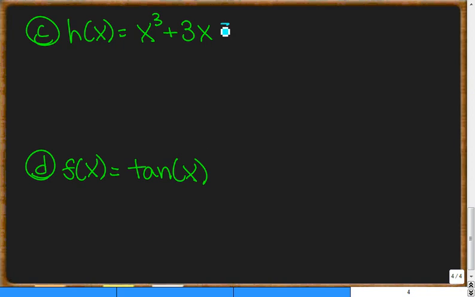Now this next one creates a little bit of a trick. You've got x cubed plus 3x. You're not allowed to use the quadratic formula, but you have 2 terms. So what you need to do in this type of situation is you want to turn this addition into multiplication. How do I turn this into a multiplication problem? Well, I need to find out what's common to both terms. So the one thing that's common to both terms is an x. If I removed the x from x cubed, I would have x squared.